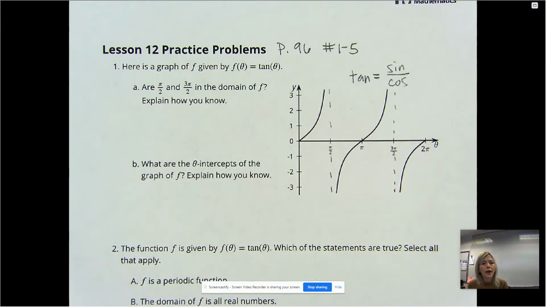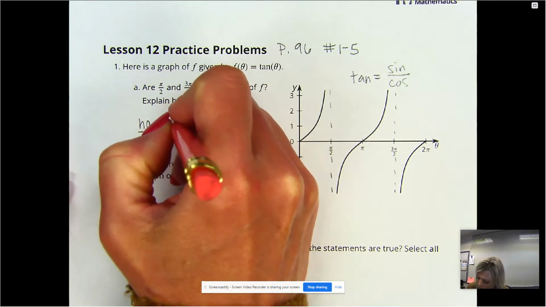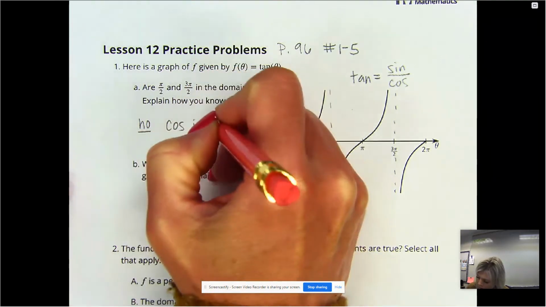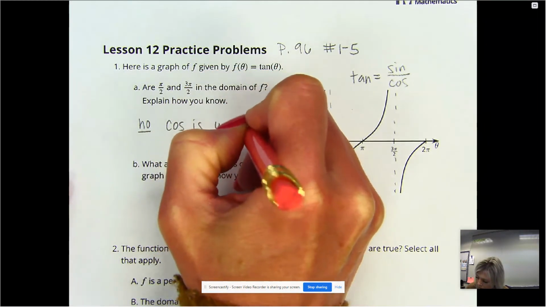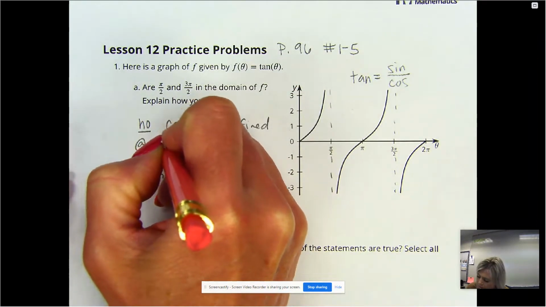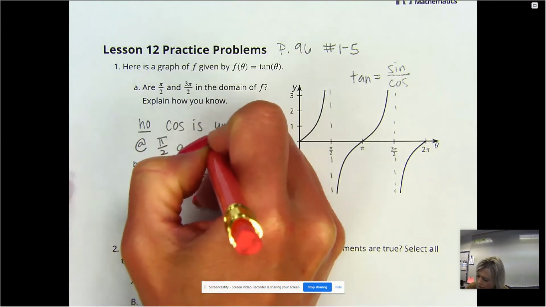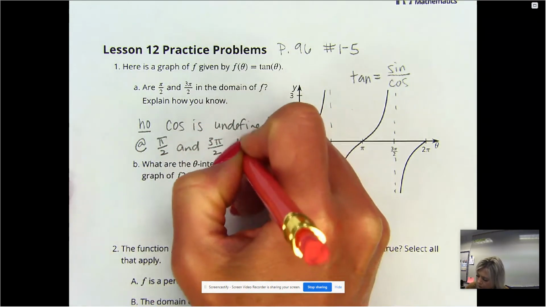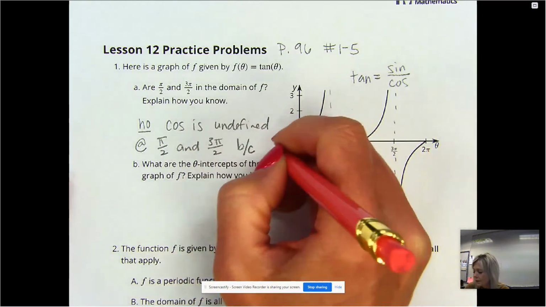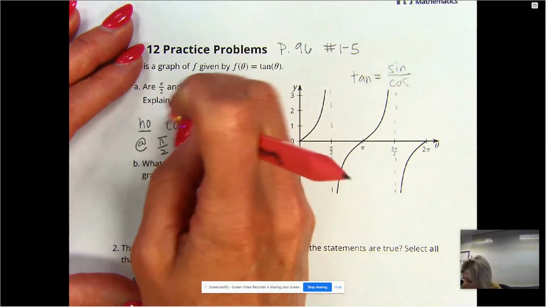So for a, they are not in the domain because cosine is undefined at pi over 2 and 3 pi over 2 because, oh wait, no, tangent is undefined, not cosine.